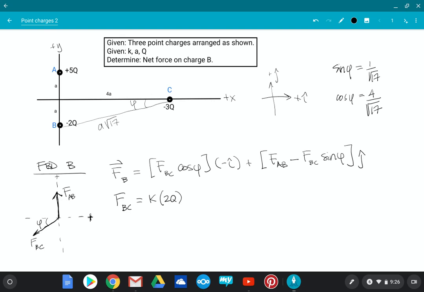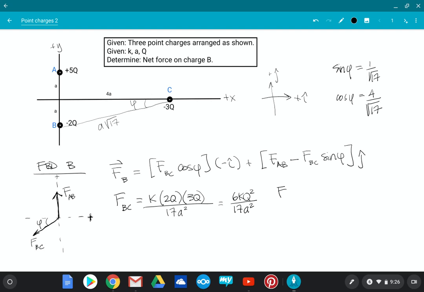Remember, we dropped the signs here. Particle C is 3Q, over the distance between them squared, so that's 17A squared. This simplifies to 6kQ squared over 17A squared. All right, so that's that particular magnitude.